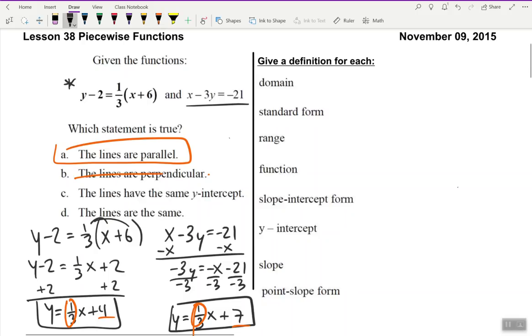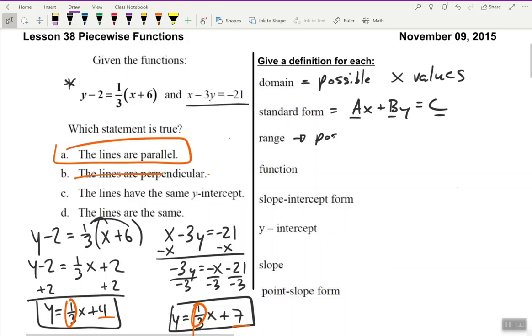And then, given the domain, right? Domain is possible x values. Standard form is ax plus by equals c, where a, b, and c are integer coefficients. Range are possible y values.